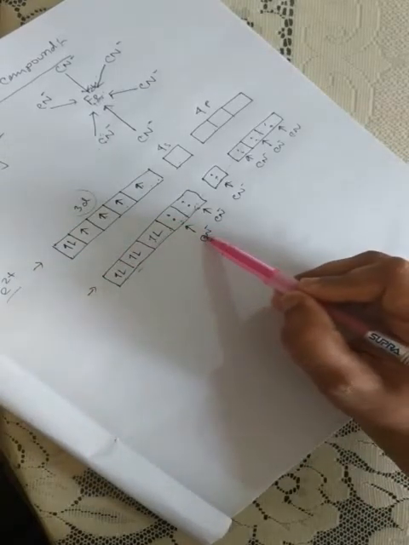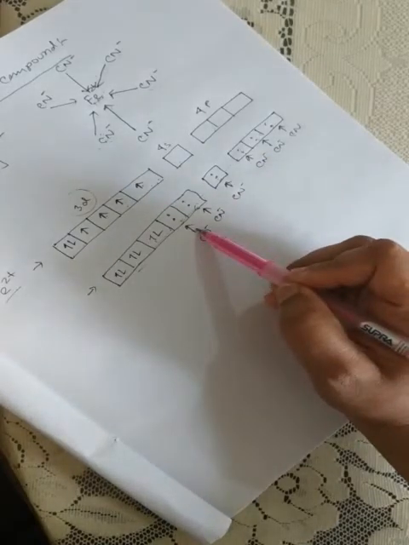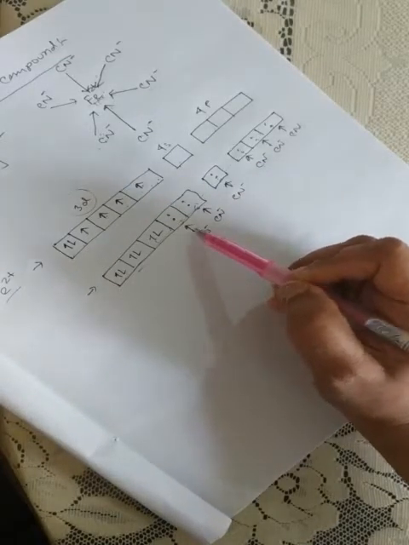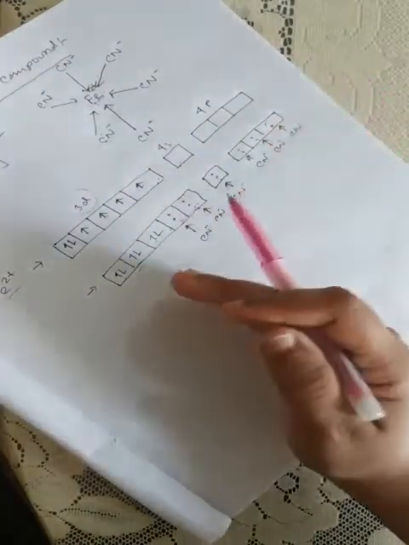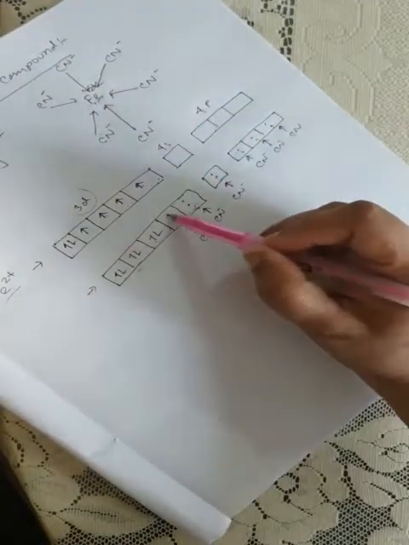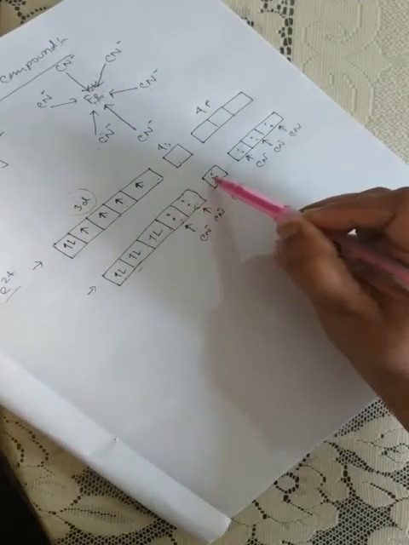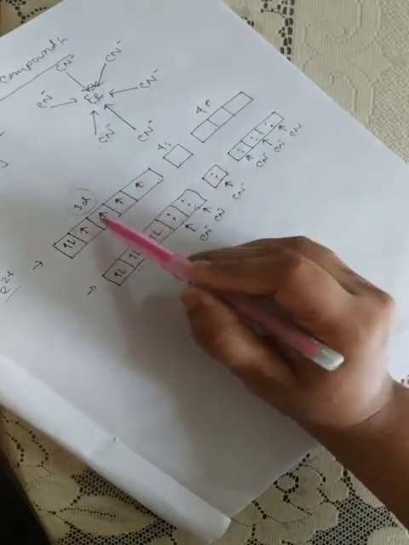Why? By the influence of the lone pair electrons of the ligand. When any ligand comes towards the iron, due to the repulsion of the lone pair electrons, the unpaired electrons of the transition element become paired.